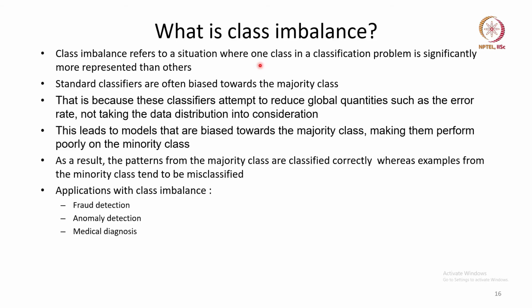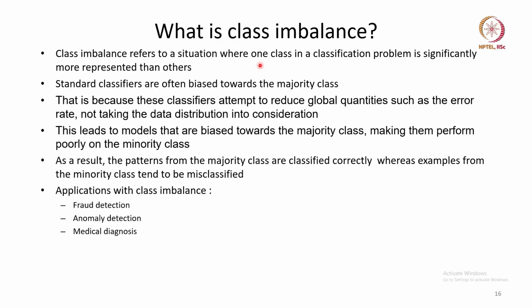Similarly, anomaly detection, that is something like fraud detection, right? You find that the anomaly exists in just a few examples. Most of the examples will be normal. In the quality check that is done in the factories, you find most of them are normal. There will be one input here or there which is abnormal.